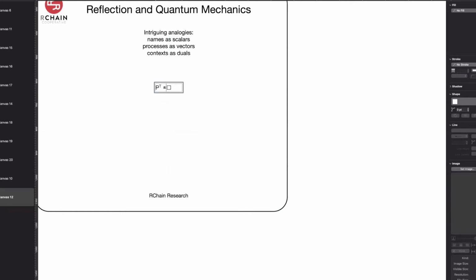So a name becomes observable if we have either this sort of context or we have this sort of context. And these contexts are different than our other contexts.